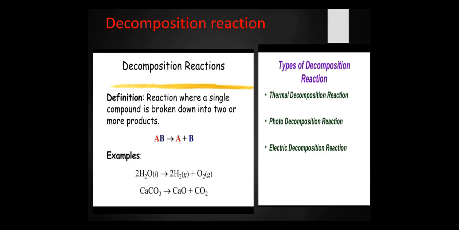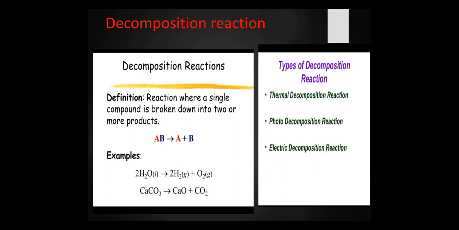means the breaking down of a compound into two or more products, or into single elements, into their constituent elements. As you can see in the examples, 2H2O, that is water, liquid.